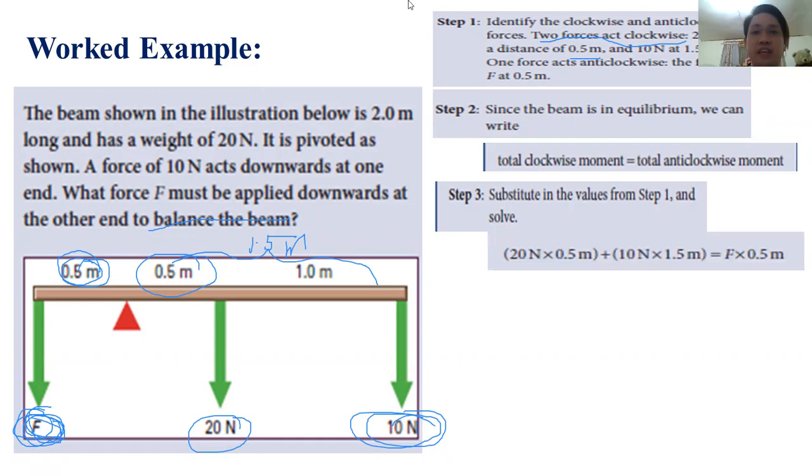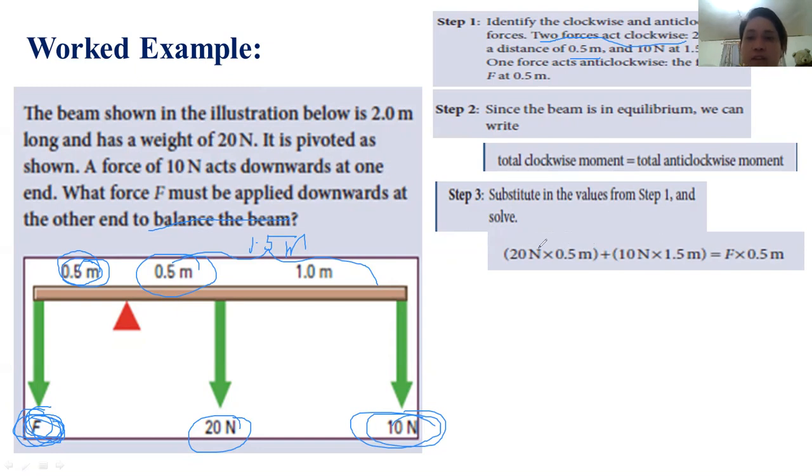We know the formula, F times D. Since we have two forces acting clockwise, we will add their moments.